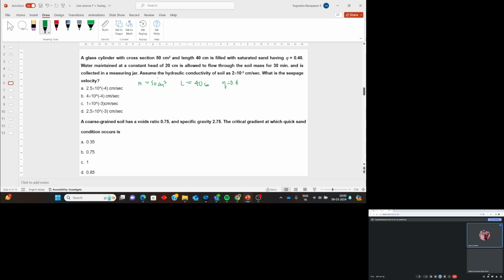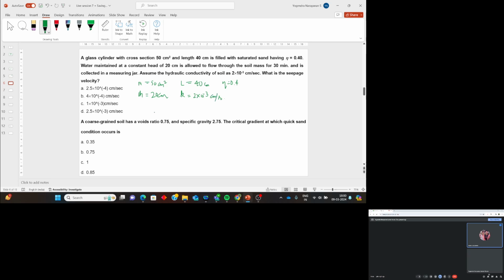Now we know the maintained constant head of 20 centimeter is the head that is responsible for flow. How much? 20 centimeter, right? And given is hydraulic conductivity, they have given 2 into 10 power minus 3 centimeter per second.